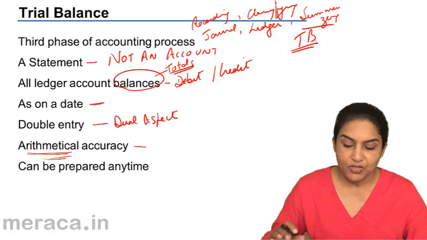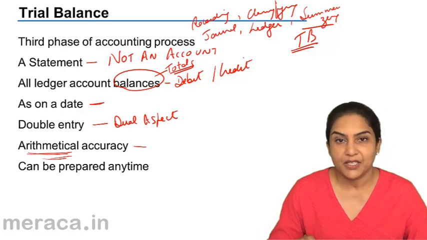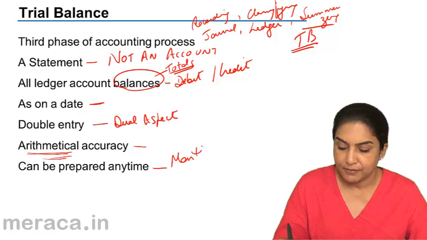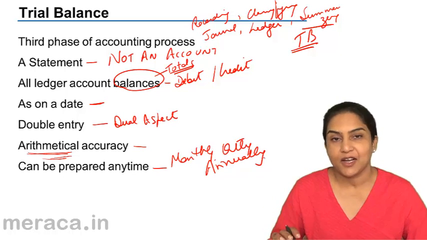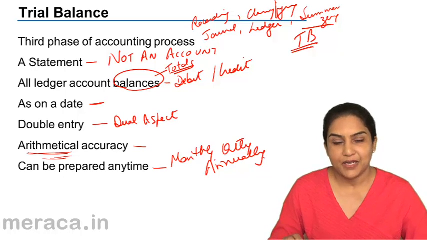So final accounts are prepared from the trial balance. So while the trial balance can be prepared monthly or quarterly or annually, it has to be prepared at year end, because we prepare final accounts from the trial balance.